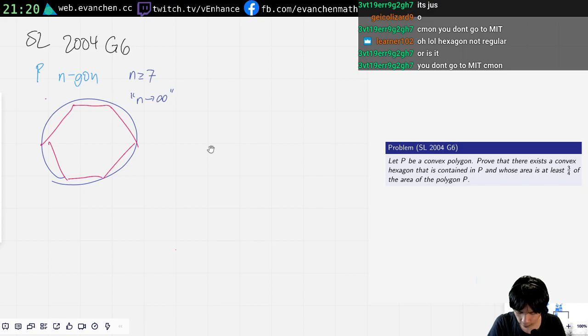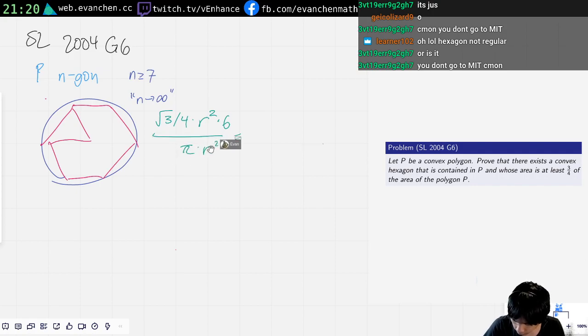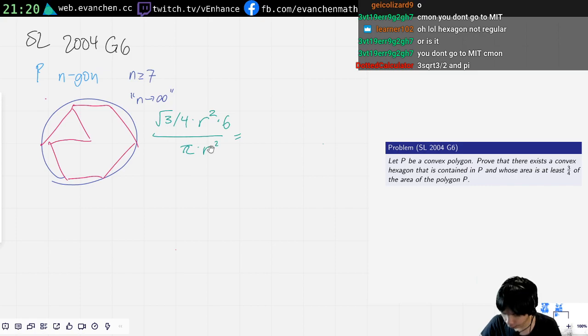And then I can do this, and my area will be √3/4 times the radius squared times 6, divided by pi times r squared. So this is 3√3/2π?